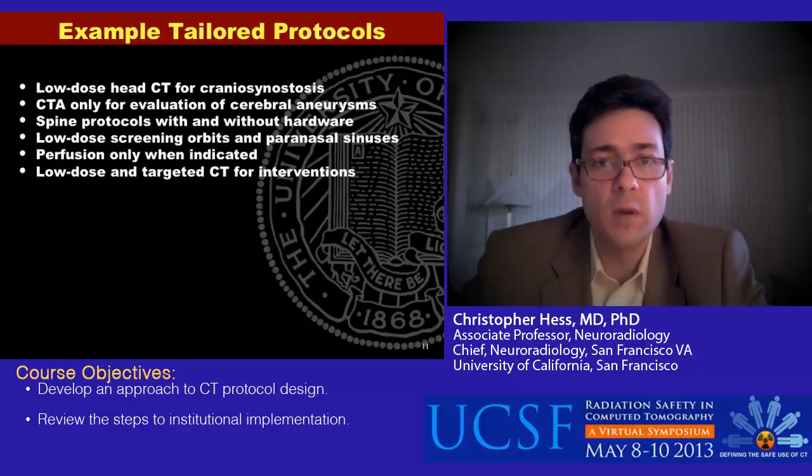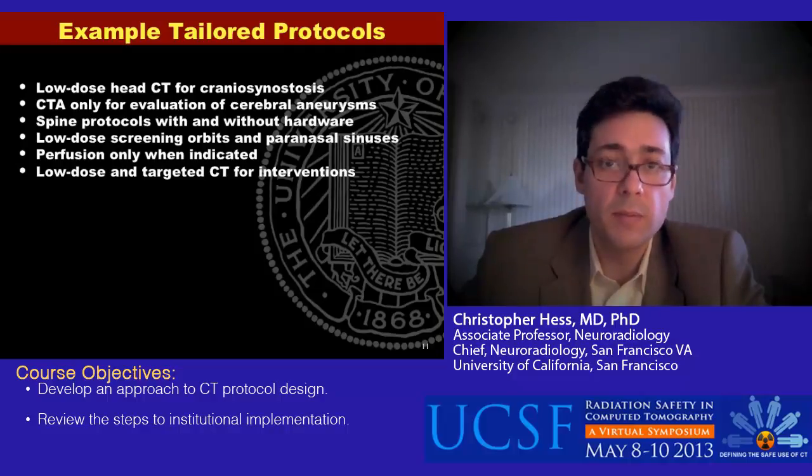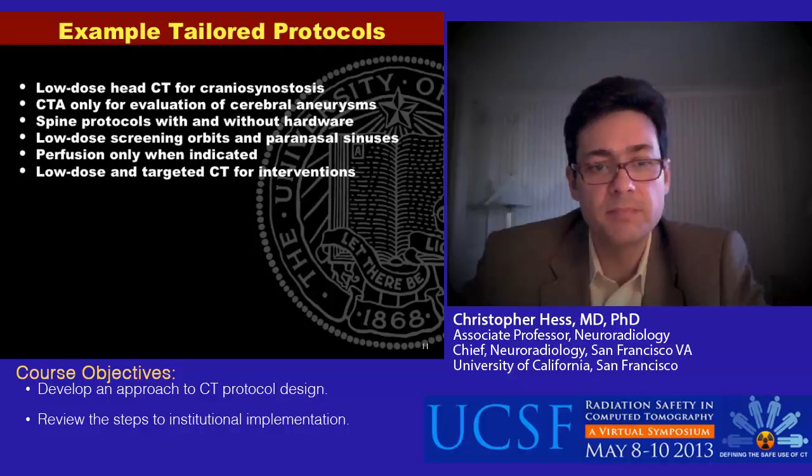If there's only one protocol, this may require the acquisition of a non-contrast scan in addition to the CT angiography. In our practice, when we know a patient has an aneurysm and is not suspected of having acute hemorrhage, we will obtain only the CTA and narrow the field of view to the region of the known aneurysm.